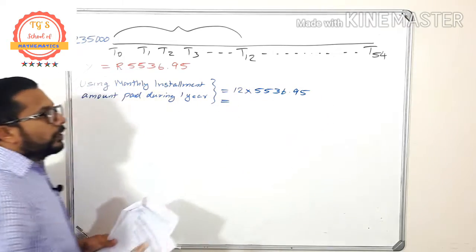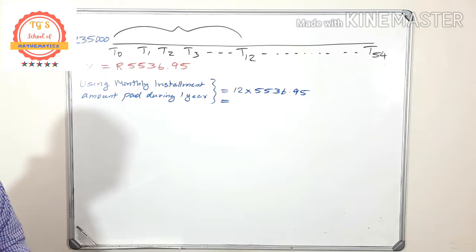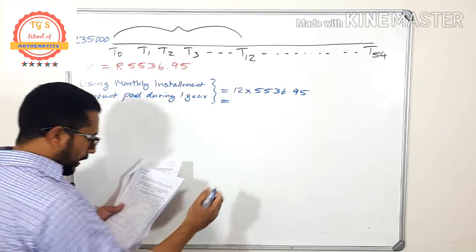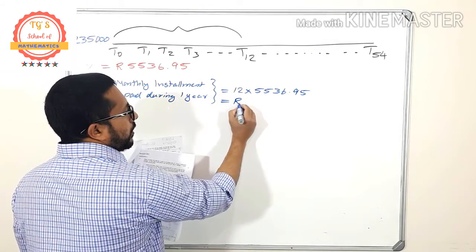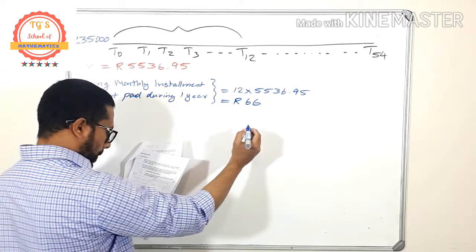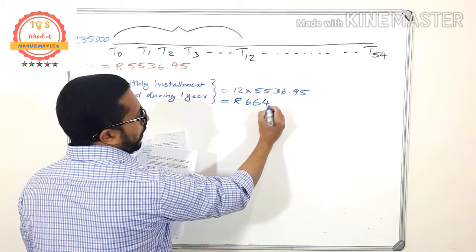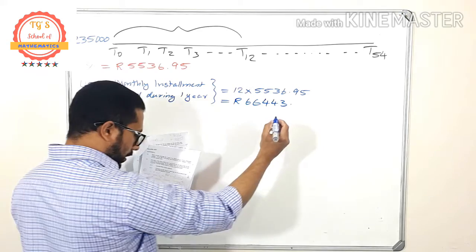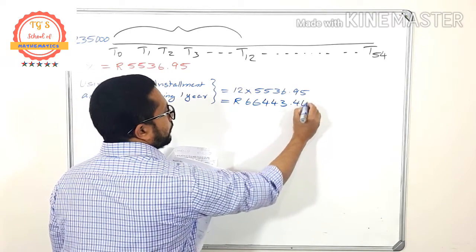So try to find the answer for that one. In the calculator it is 66,443 Rand 40 cents.